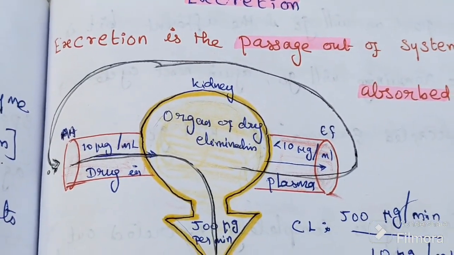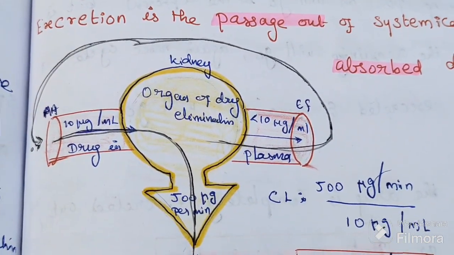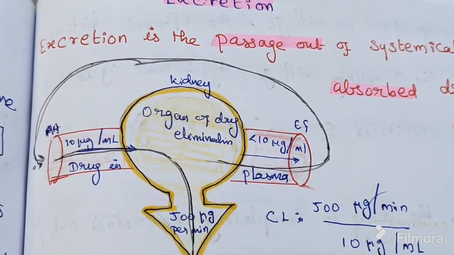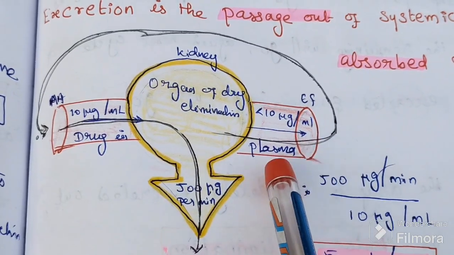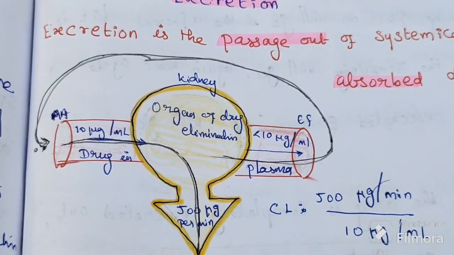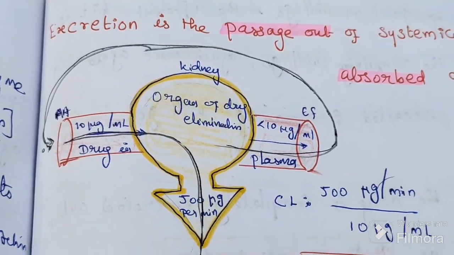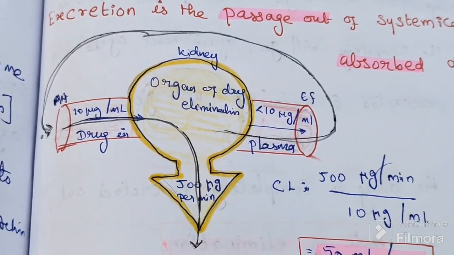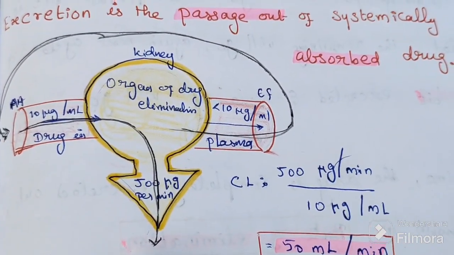Again, in the next cycle, a little bit is excreted, and the remaining will go on. Again in the next cycle, a little bit is excreted, and the remaining will go. Finally, at one point, the drugs will be completely excreted out.